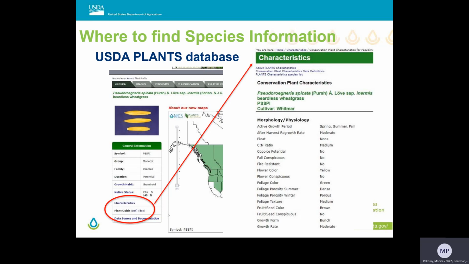There's going to be information on the growth requirements, site suitability, and I just can't emphasize enough how important it is, especially as a new planner, to look at this information. Save some of these plant guides on your computer, use them as references. I know that every time I go back to these materials, I learn new information about a species. So I'm really encouraging you to look through these resources.